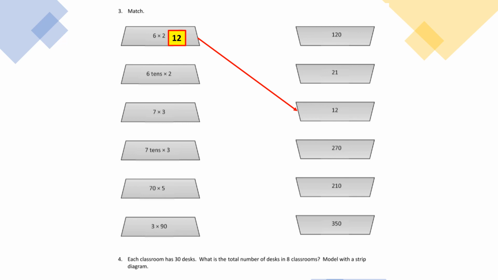Now let's look at the next one. It says 6 tens times 2. Well, we know that another way of writing 6 tens would be to write 60. So that's the same thing as saying 60 times 2.